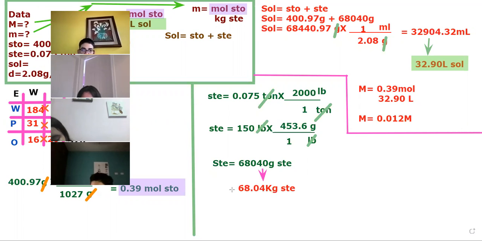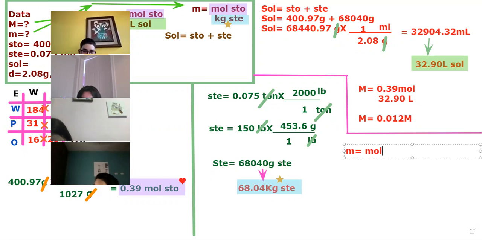And the reason is very simple: kilograms of STE are present here in the formula. I didn't do the conversion, guys. I apologize, but for the time I have only 6 minutes. And finally, if you see in purple, do we have the moles of STO? Yes, it's here. And in cyan or blue, I don't know what color is that, do we have the kilograms of solvent? Yes, it's here. So we need to use just this formula.